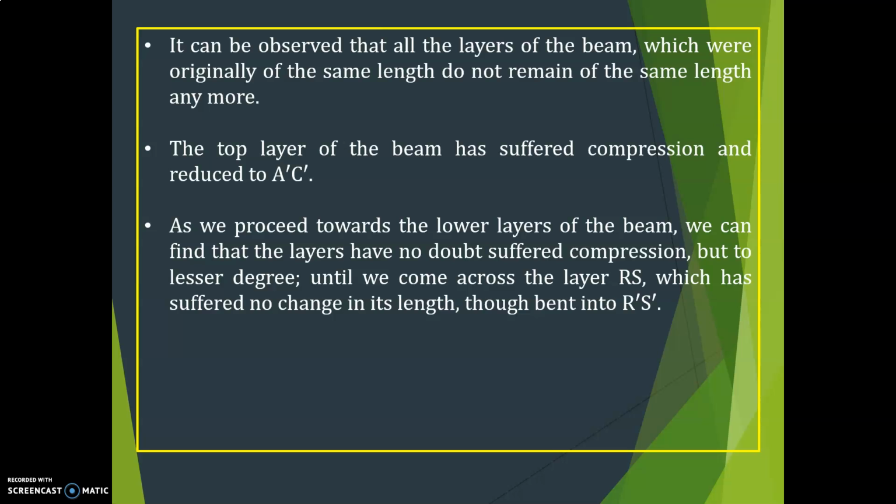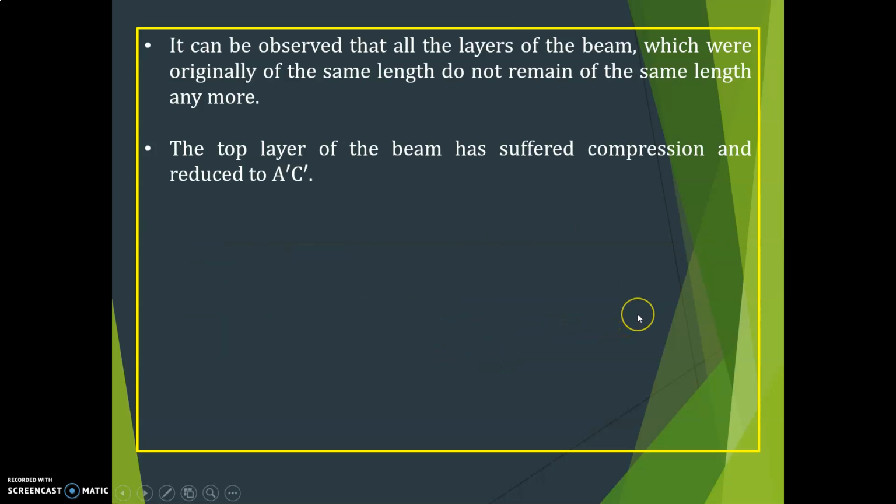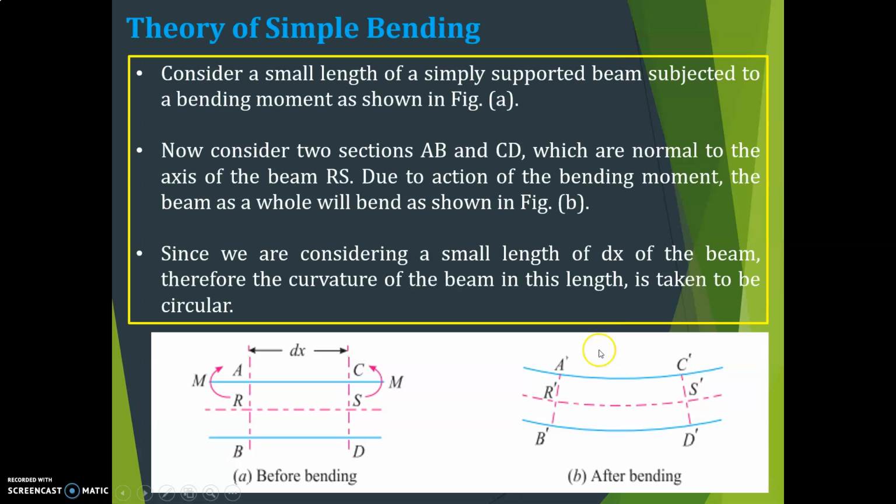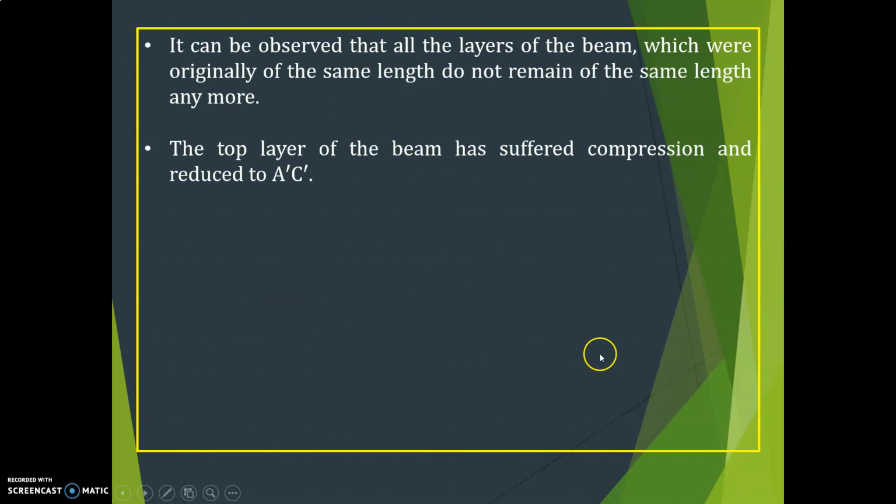As we proceed towards the lower layers, they suffer a lesser degree of compression until we come across the layer RS, which has suffered no change in its length and bends into R dash S dash. Here there is no change in length. The top is shortened and the bottom is elongated, but there is no change in the length of R dash S dash.